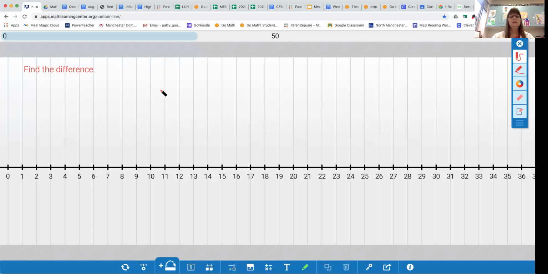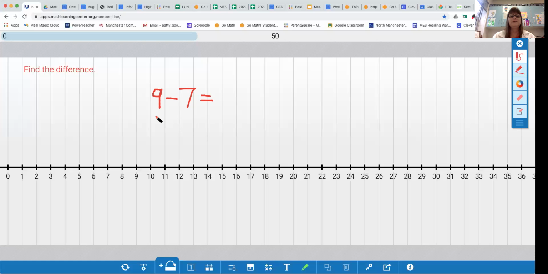Let's try 9 take away 7. It's probably not very efficient to start at 9 and count back on my number line, so let's do a related fact. Now 9 is my total, that's all together how many I had, and then I'm taking away 7.